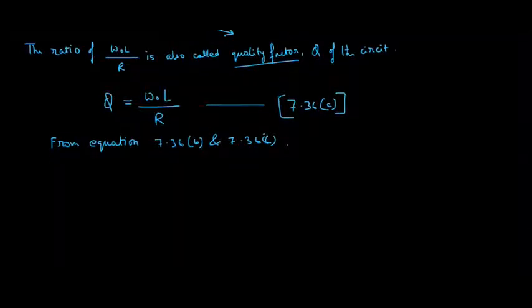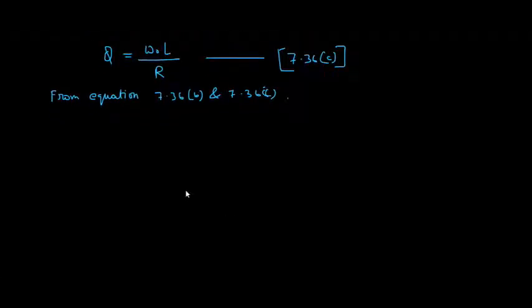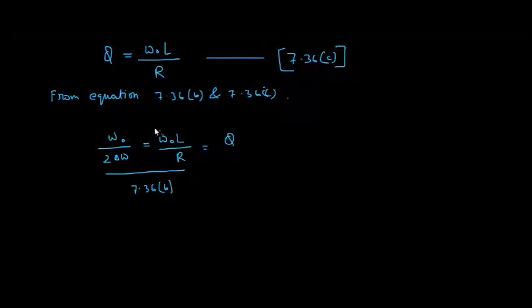we can write 7.36b as omega naught upon 2 delta omega is equal to omega naught L by R, and again omega naught L by R is equal to Q. So this is equation number 7.36b, and this one is equation number 7.36c.